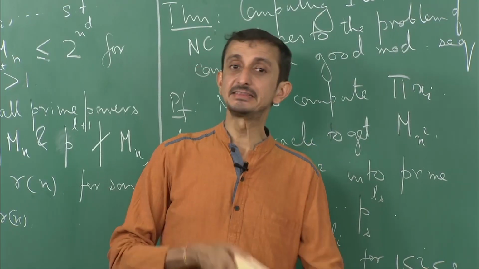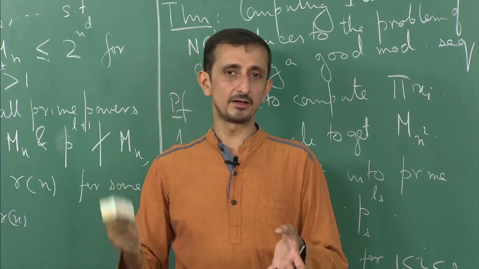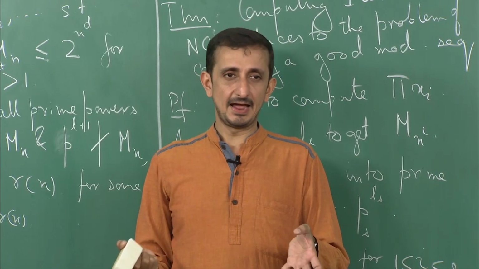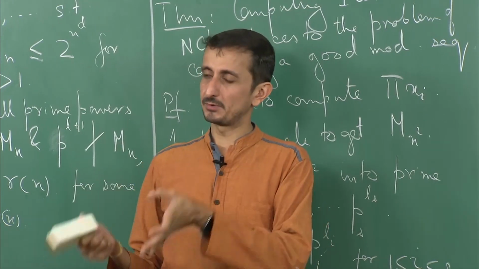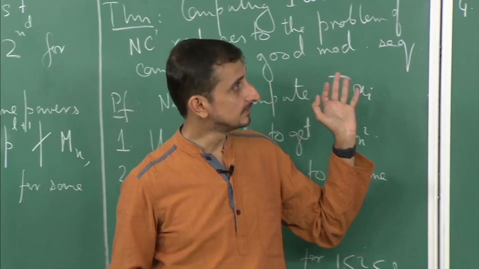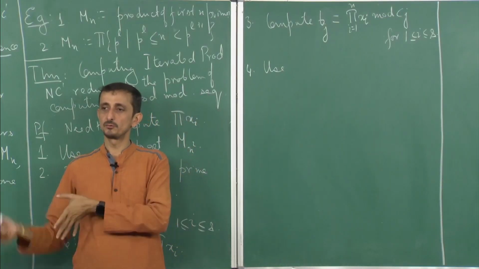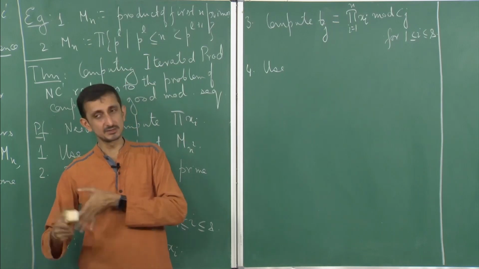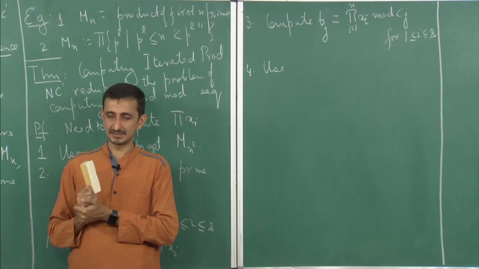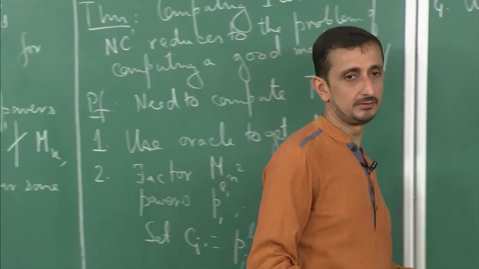This is the Chinese remainder theorem that I mentioned. There exists a unique x which is less than the product of these Ci's, and this x satisfies the property that x mod Ci is equal to xi. That is what we saw last time, and we saw an algorithm which actually allows us to compute this number.